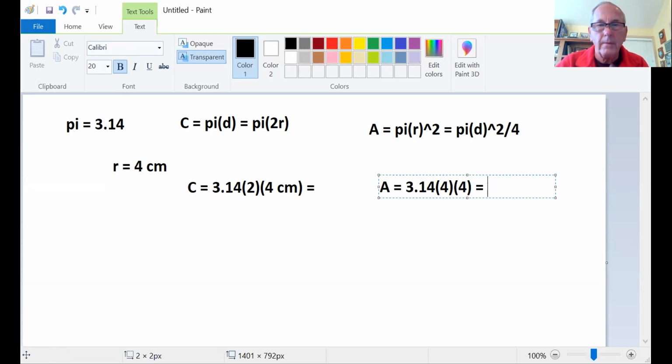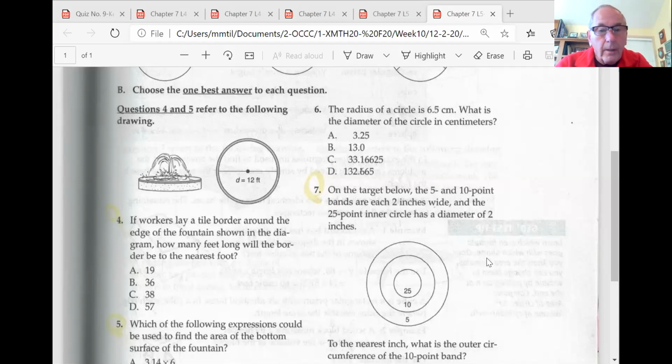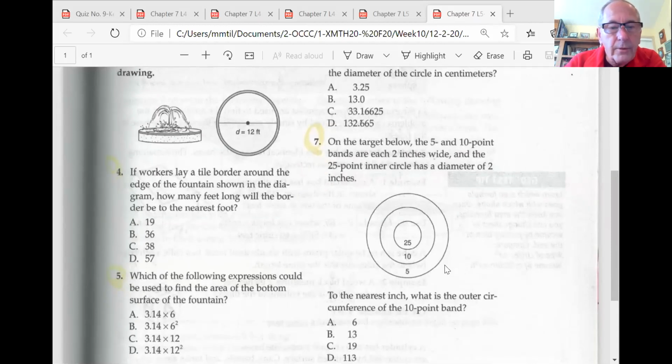So 16 times that, and that would give you the area. So you're using these equations. Questions on that? Okay, I'm going to stop sharing and look at the ones at the bottom, if there's anything interesting. What about these? Is anyone interested in any of these?